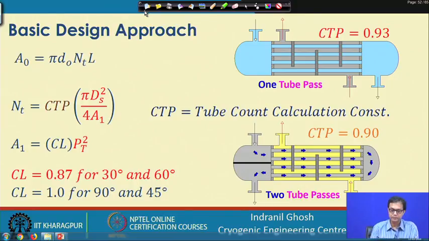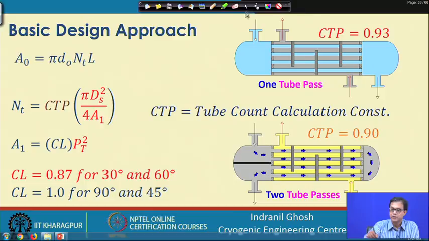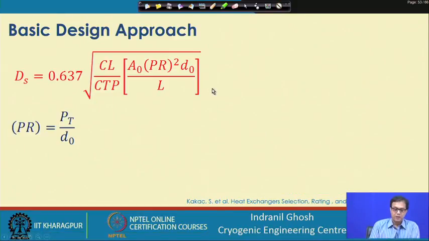Based on this information, since we have a single tube pass and we have square pitch, we have 1 and we have the 0.93 value. Accordingly, if we put this and the value of A1, we will be able to estimate the diameter of the shell.